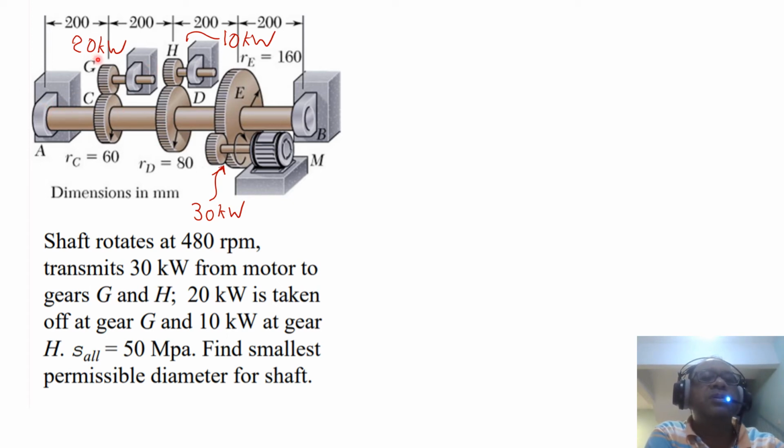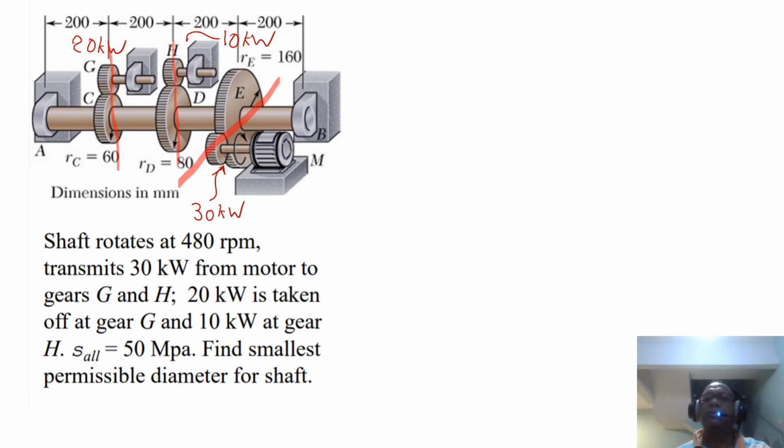So there are certain things that we need to observe. The first one is the direction of the contact. So here the contact is vertical, in the vertical axis, and at E the contact is on the horizontal axis. Yeah, so that is perhaps what we need to know for this moment.